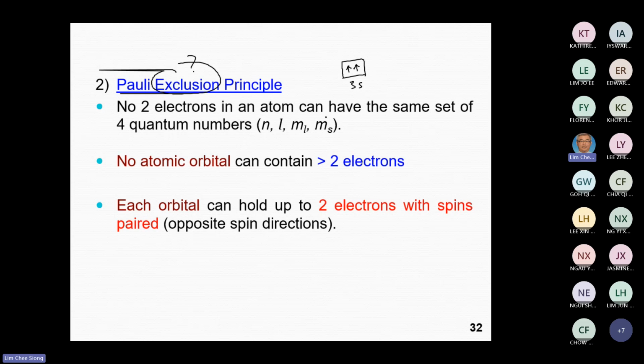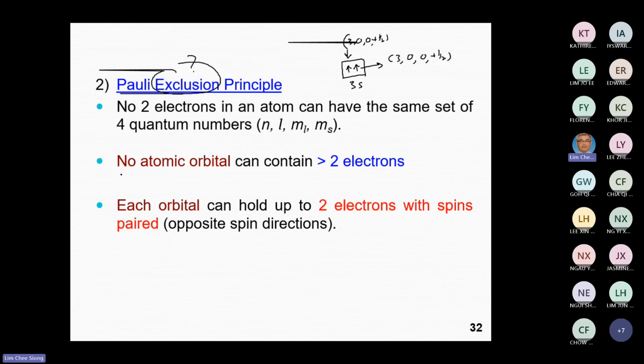Can it? Because in the 3s here, the 4 quantum numbers for the first are 3, 0, 0, positive half. And this one also 3, 0, 0, positive half. They are the same quantum numbers. Cannot be. So you must have 2 different sets, or rather not all the sets have the same 4 quantum numbers.